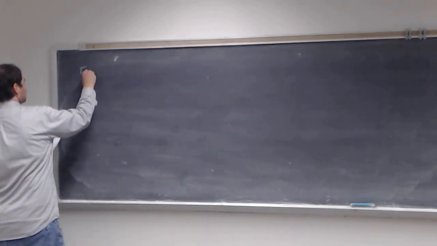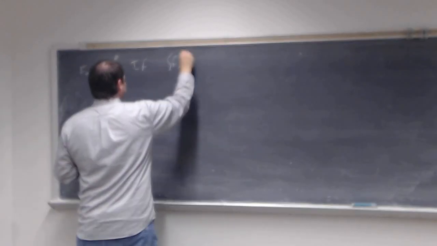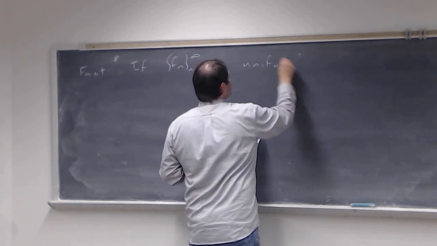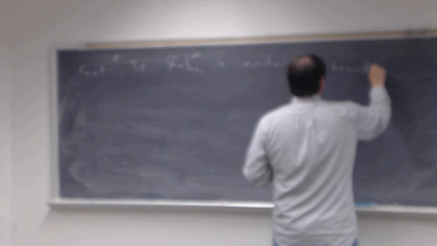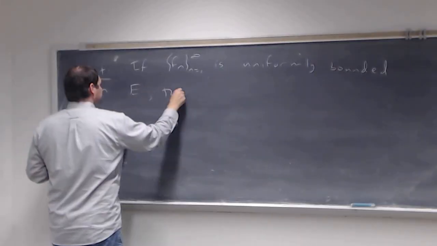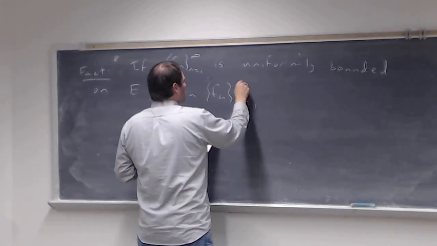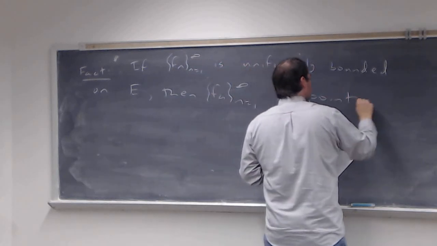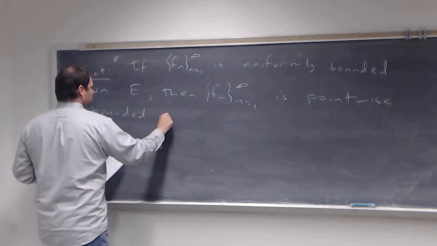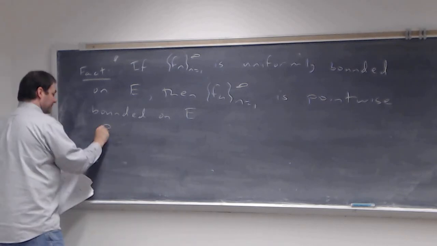Now, as a fact, before we do some examples: if f sub n is uniformly bounded on E, then f sub n is pointwise bounded. Here's the proof. It's very simple.